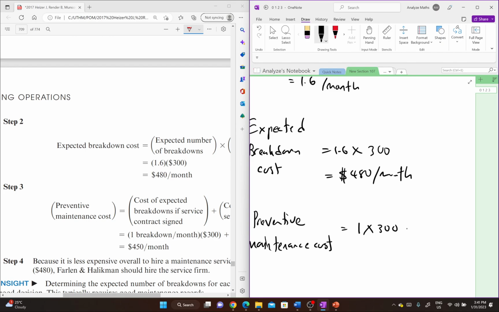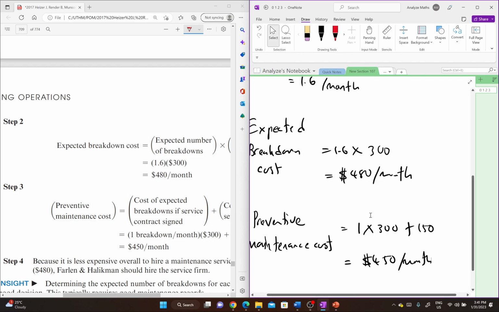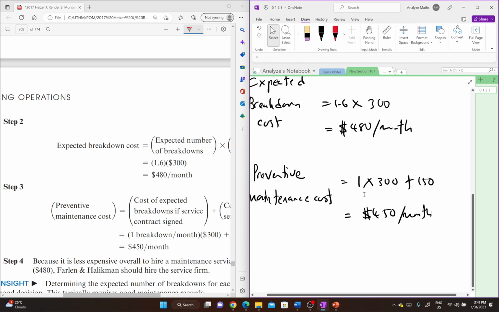And then to hire this contract, we have to add another 150. So this will cost us 450 per month. This 450 is cheaper than without the contract. So we can pay 150, and at the same time reduce the number of breakdowns each month.